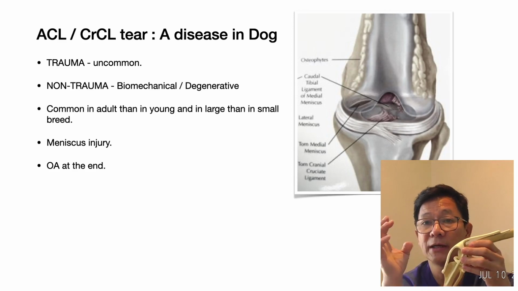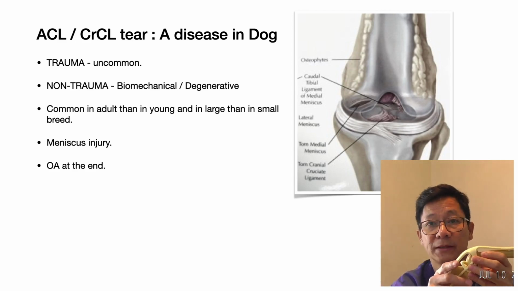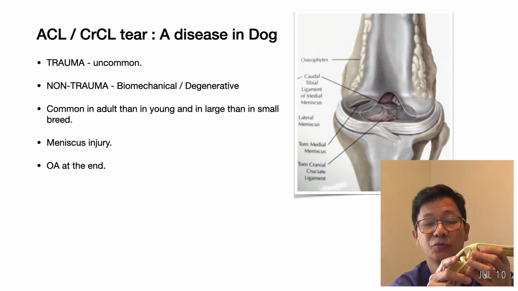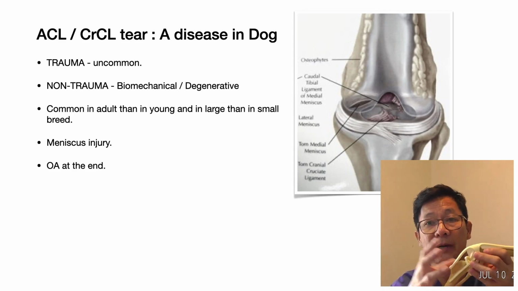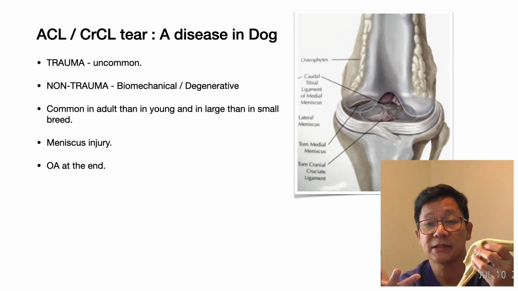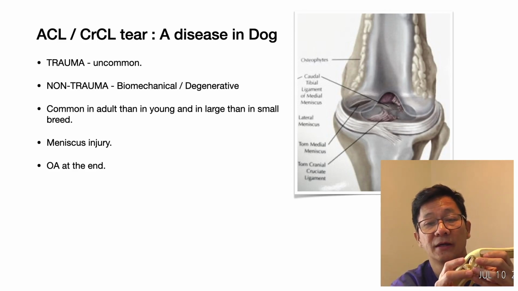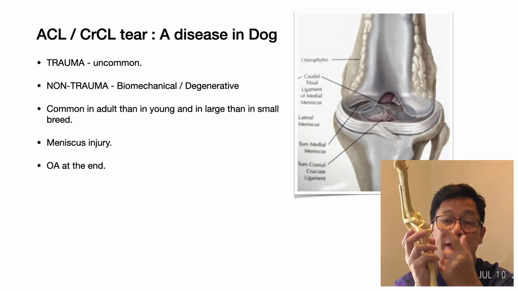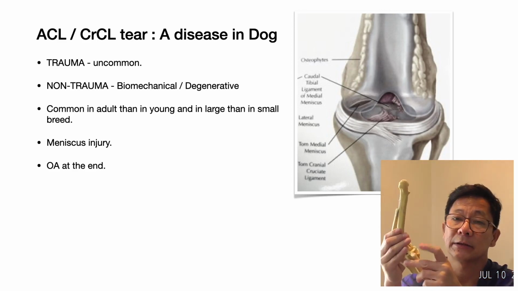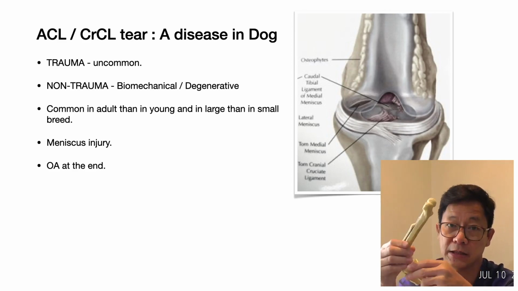Minsan nagkakaroon muna ng partial tear, then progresses to a complete tear of the cranial cruciate. So it will be very painful and cause inflammations, ano? Nagkakaroon ng buttress sign. I-discuss natin yan sa next video series, no? Part 2 of the series. Then nagkakaroon ng meniscus injury, no? Na-mention ko kanina yung meniscus, yung nag-serve as cushion doon sa kanyang knee, no?